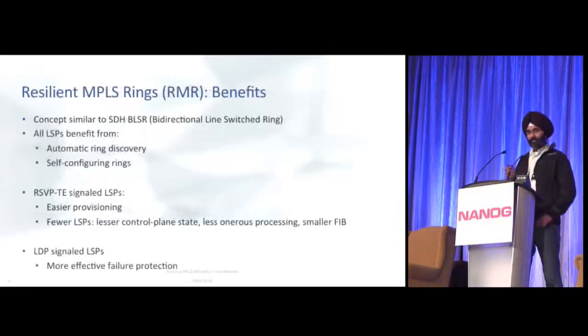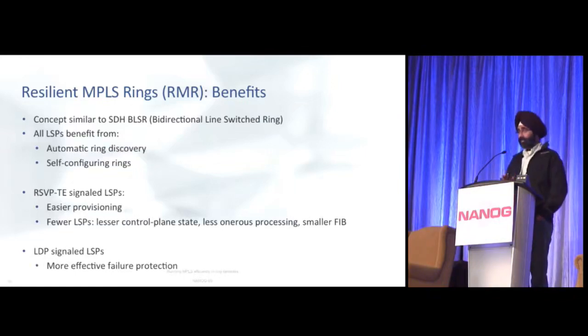And so let's talk about what RMR is, resilient MPLS rings. So what does it really give us? It gives us a way for the rings to become self-configuring. The nodes in a ring discover themselves as being part of a ring without too much explicit configuration.